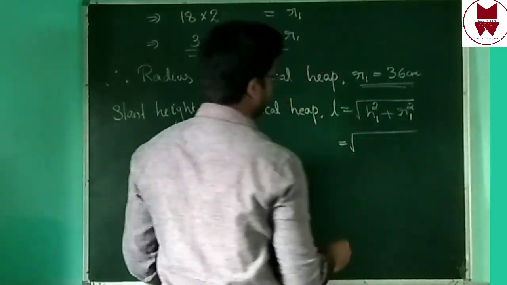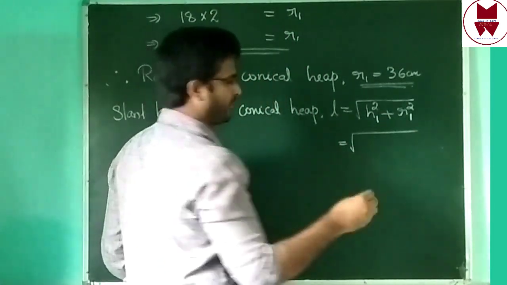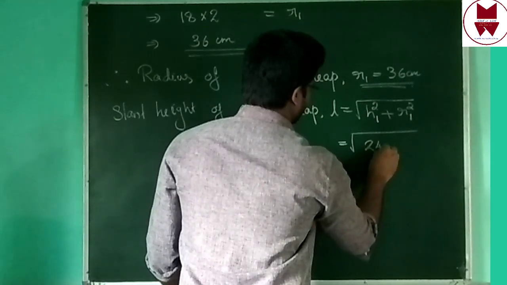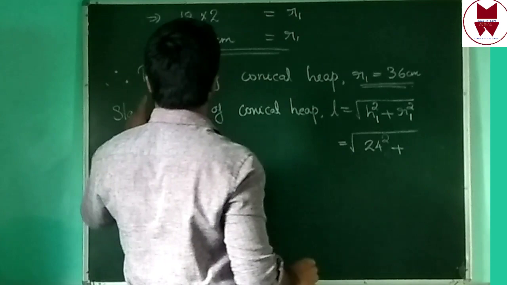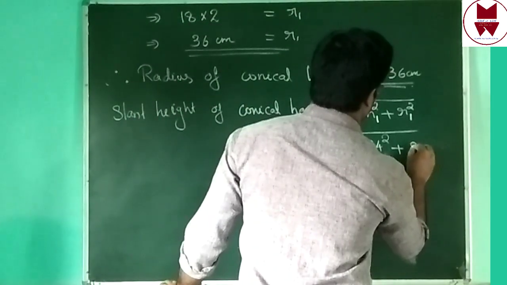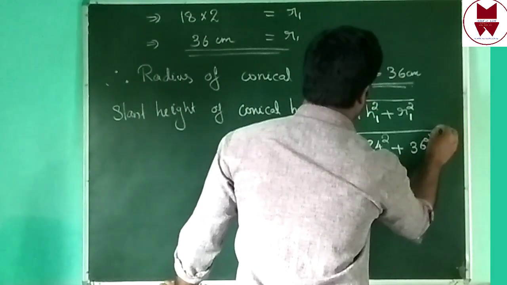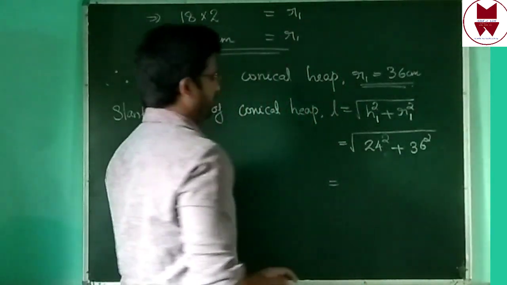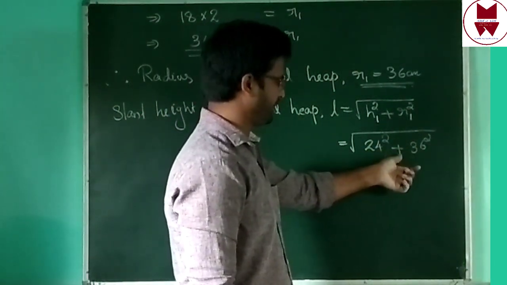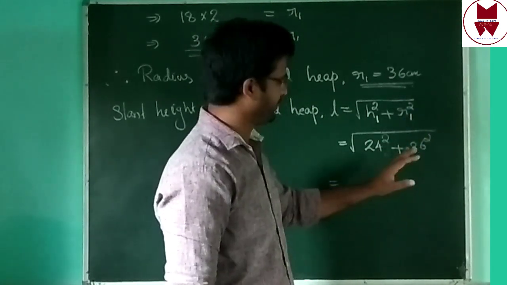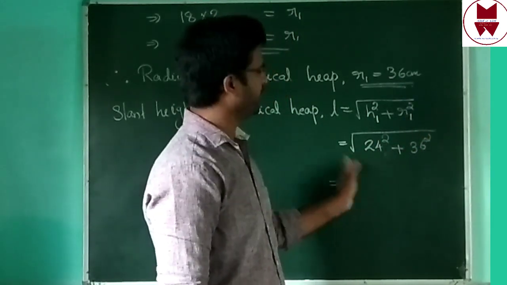Square root of h1, the height of the conical heap, is 24 all square, plus r1, which we already got, 36 square. You can find out 24 square plus 36 square, then just add, then find the square root.